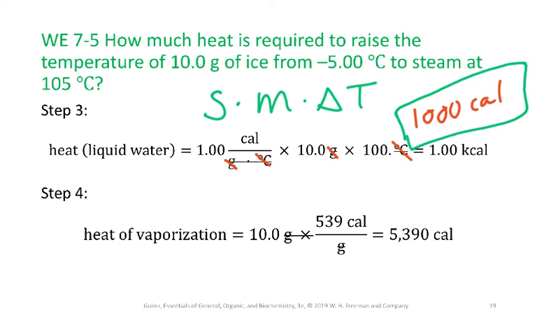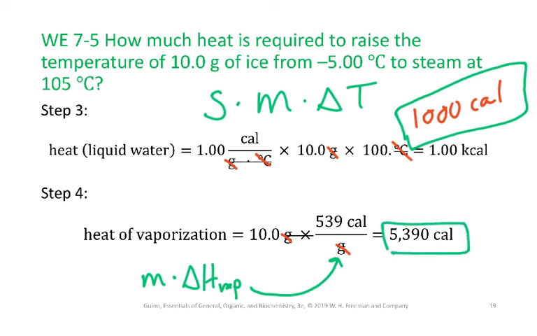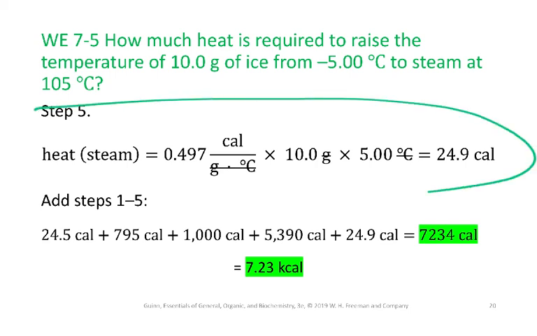Okay, now we need to boil or evaporate the water. We take the mass times delta H of vaporization, which for water is 539 calories per gram, times how many grams we have, which would be 5,390 calories. Okay, we're almost done, folks. One more step. Now we have gas, and we're going to heat that gas.